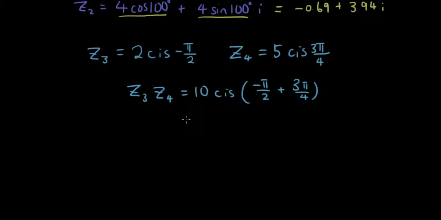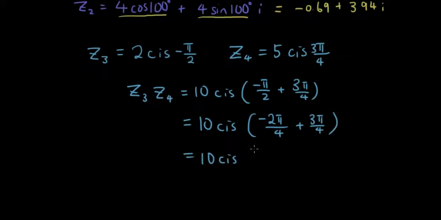I'm gonna multiply both the top and the bottom of this fraction by 2, so the two fractions have the same denominator, and then I can add them together, which will make it 10 cis pi over 4. And I'll just quickly enter these into GeoGebra.